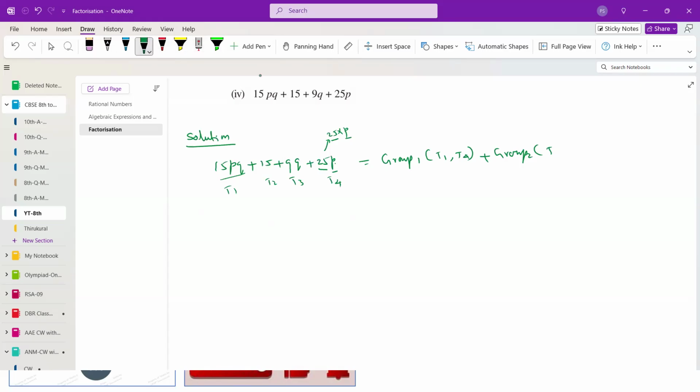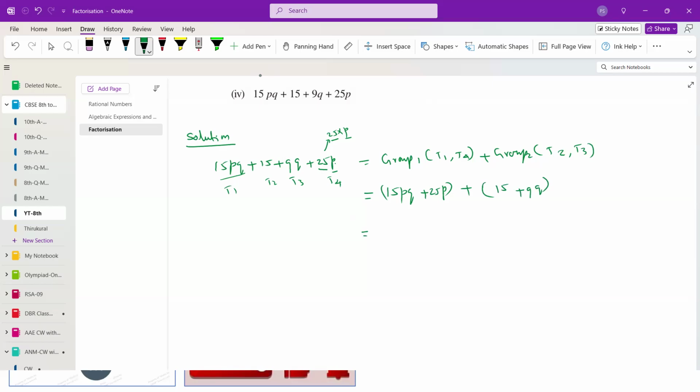So group 1, T1 and T4, is 15pq plus 25p. Then plus group 2: term 2 is 15, and term 3 is 9q.